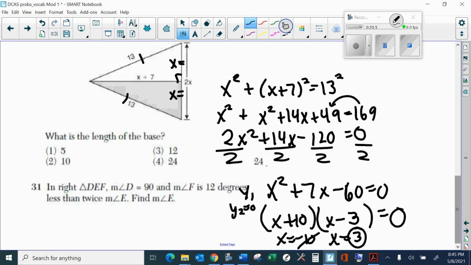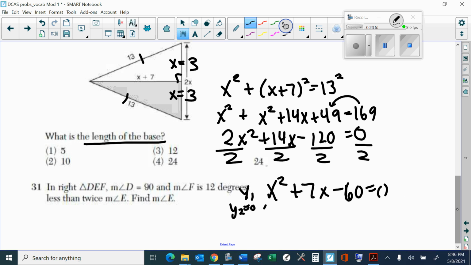Oh, no, that's what x is, 3. Go back to the length of the base, which is 3. So total length is... 10 times, I didn't factor correctly. Dang it.